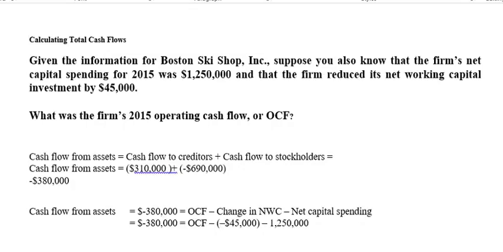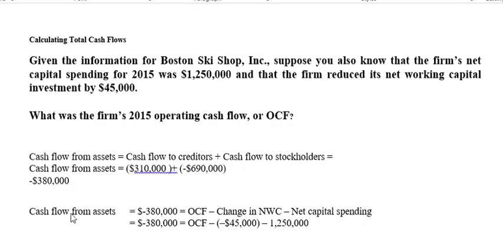We get some cash flows from assets, as you can see right here. So the cash flows from assets is equal to cash flows to creditors plus the cash flow to stockholders. So these are the cash flow from our assets. So we took $310,000 positive plus a negative $690,000, which gave us a cash flow number of a negative $380,000 from our assets, or things that we own.